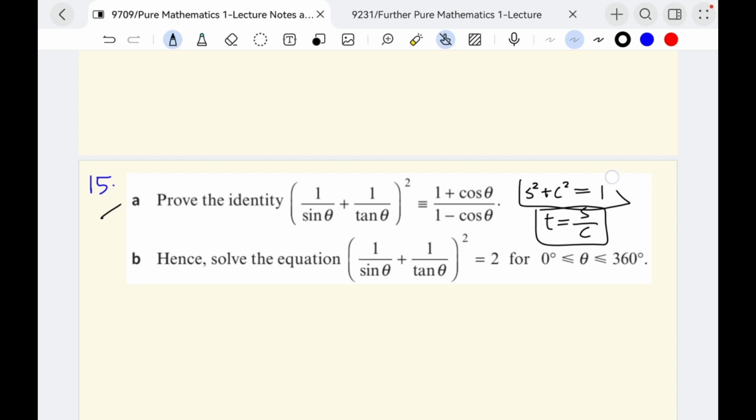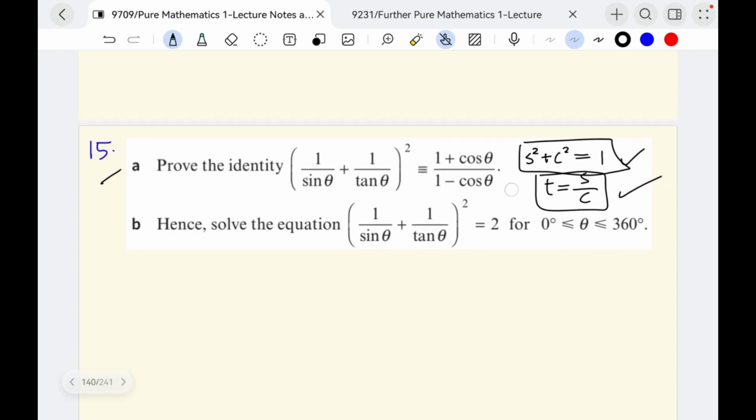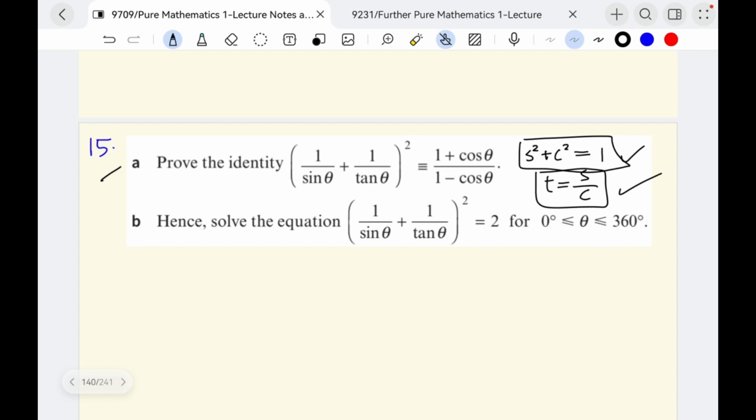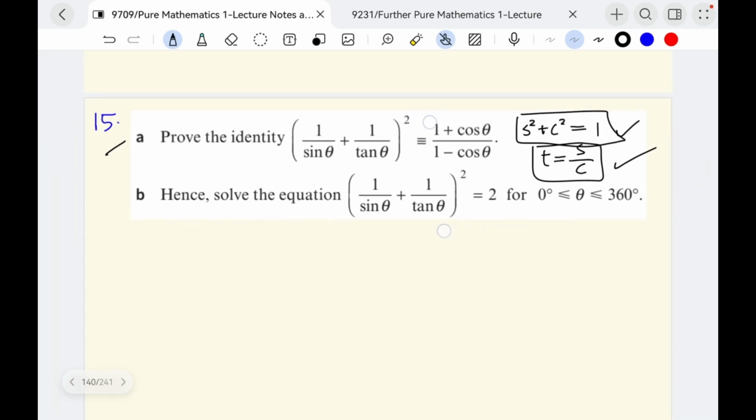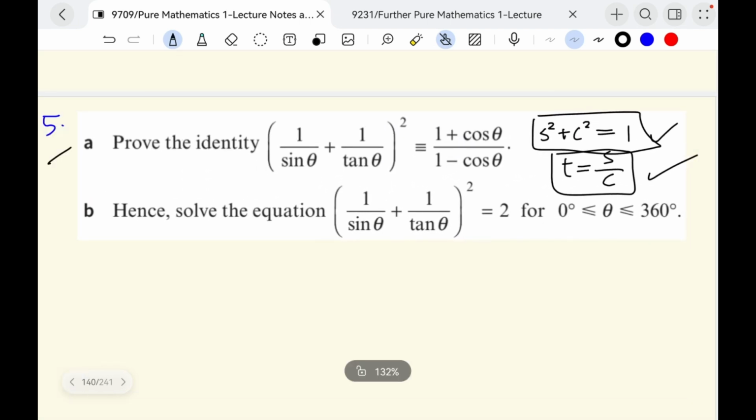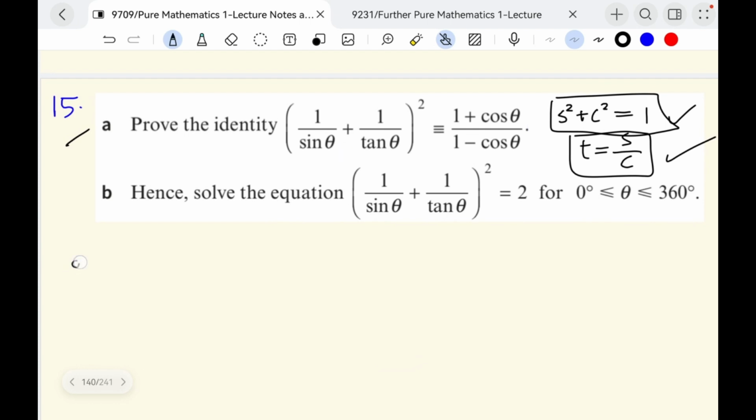But no worries, these two formulas exist in the MF19. So it is best for you to own an MF19, so that in case you forget the identities or formulas, you can refer to it, at least to obtain the marks.